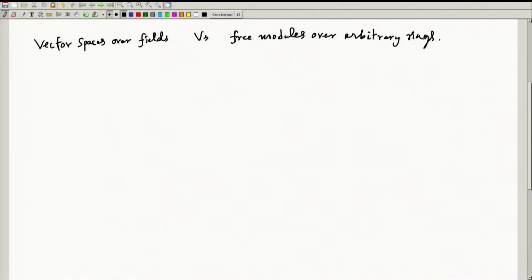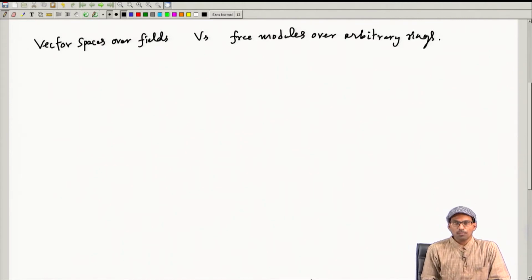We know that every vector space has a basis, but this is not true in the case of modules. We have already seen several examples. If a module has a basis, then we call it a free module. But vector spaces have very nice properties which may not be true for free modules, and those we are going to discuss now.